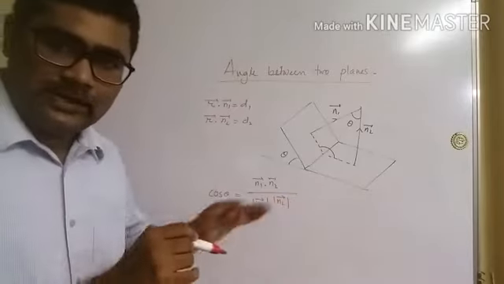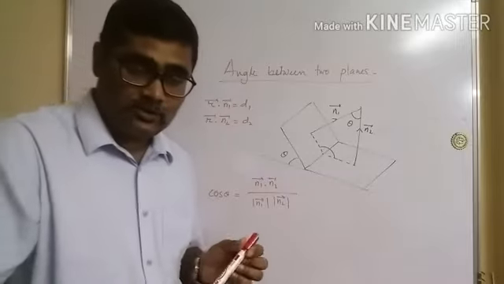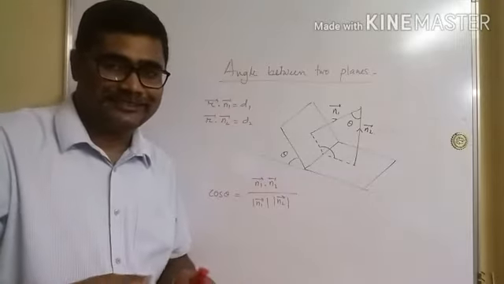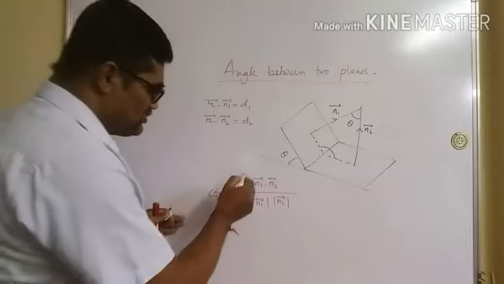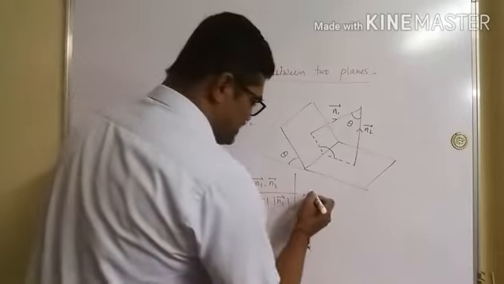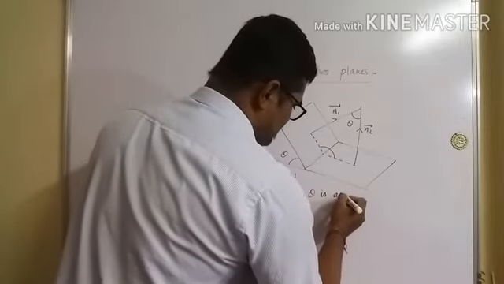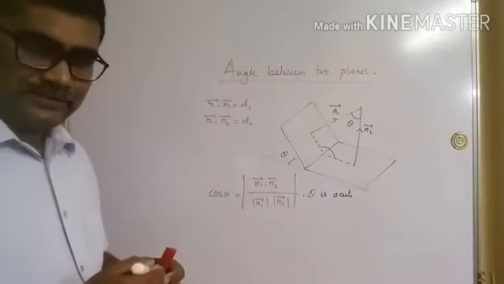You can leave it like this. But if you are always interested in the acute angle, you put a modulus here, and you must mention that theta is acute. The choice is yours.